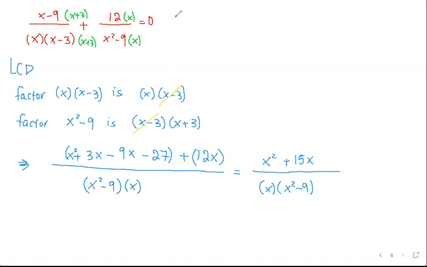So let me erase and see what I get: minus 6x plus 12x, which will be 6x.